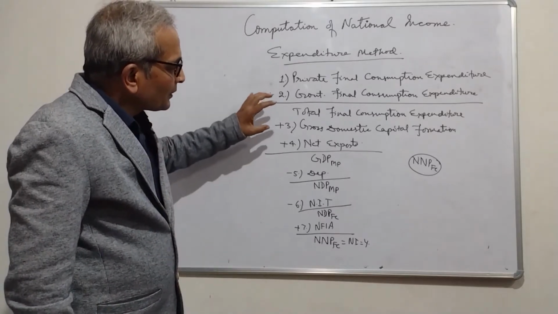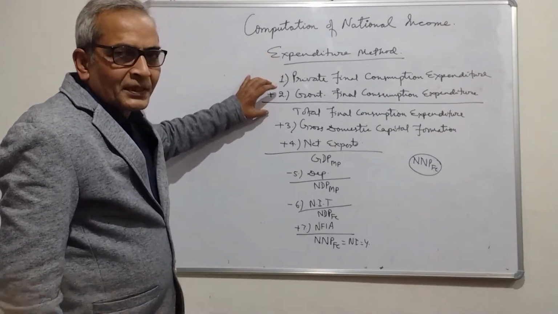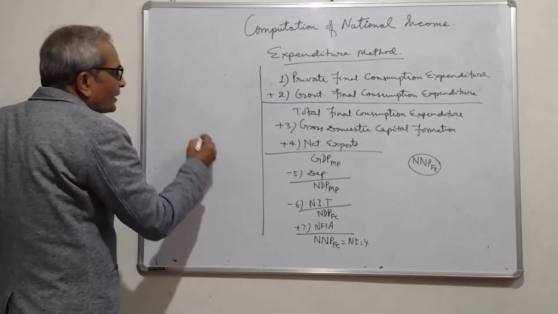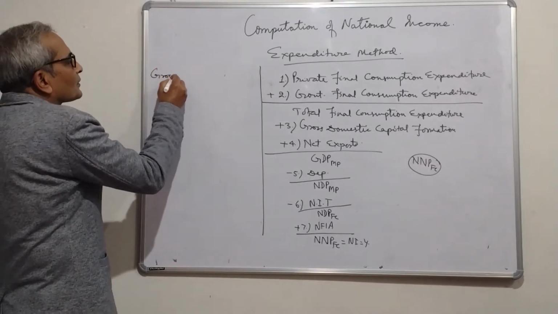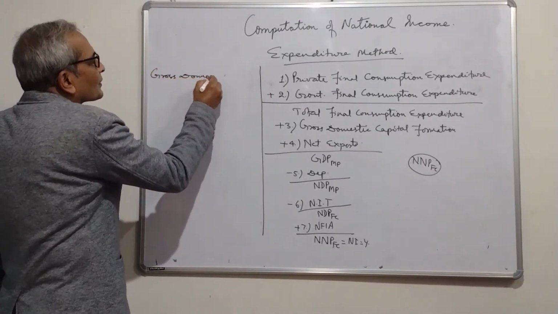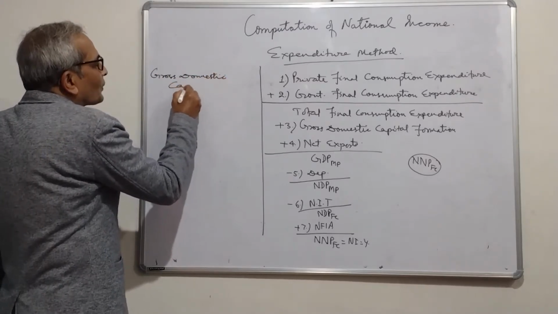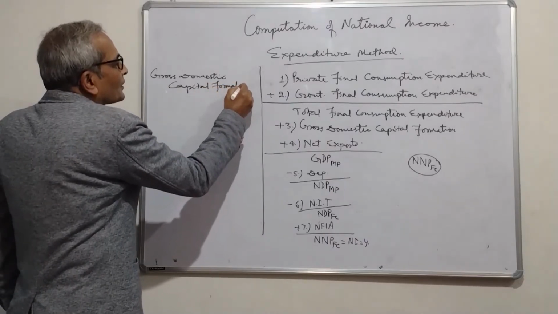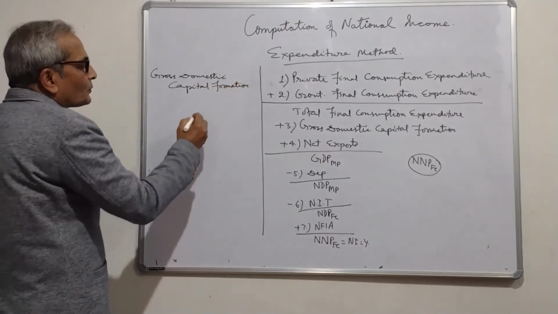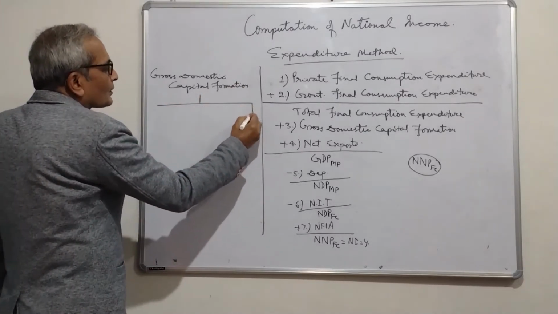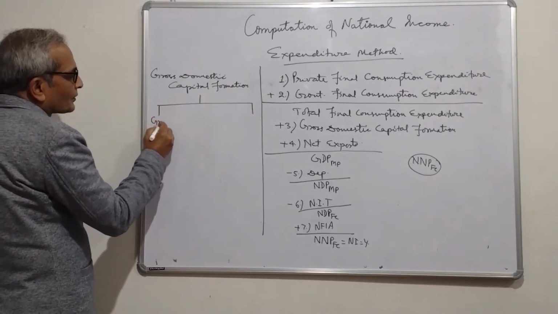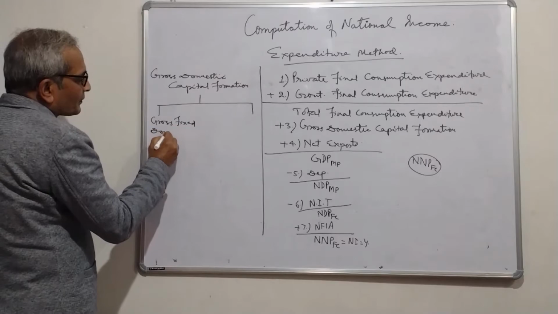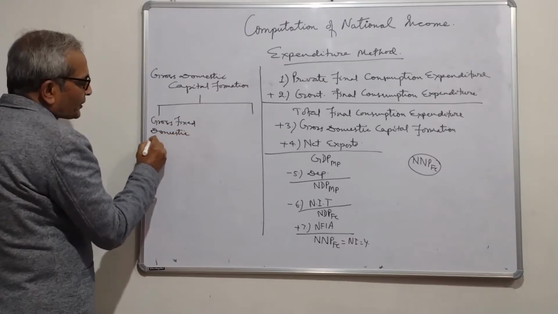Now, 1 and 2 is pretty clear. The third item is gross domestic capital formation. This is the main part. It has two subparts. One is gross fixed domestic capital formation.